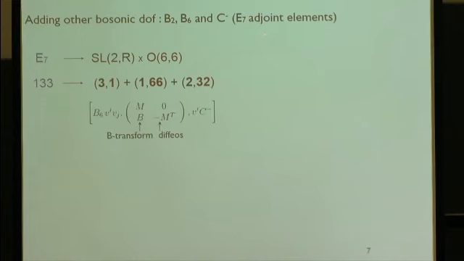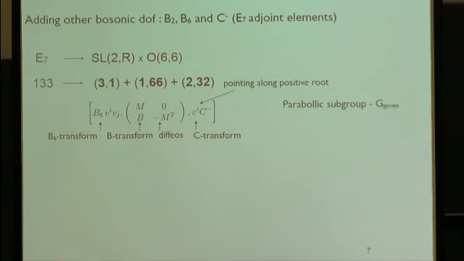Then B6 and the Ramond fields are embedded in the other pieces. They are not in the adjoint of O(6,6), but B6 is in the adjoint of SL(2,R), and the Ramond fields are in one of these 32. So this B_I is some vector in SL2 pointing along some positive root. If you know something about this, you will make sense of this.